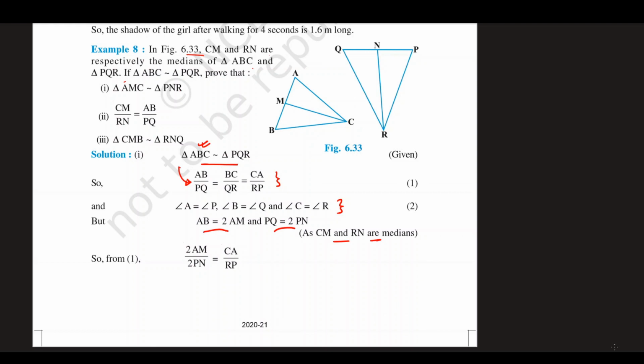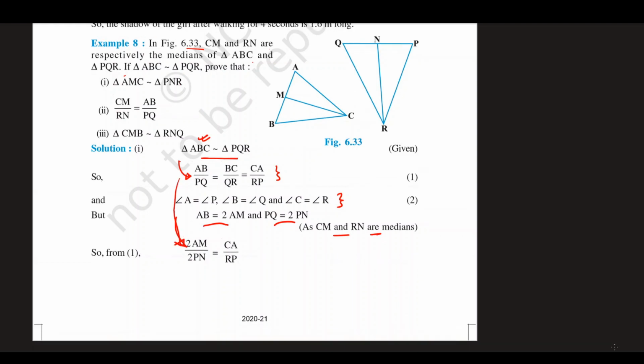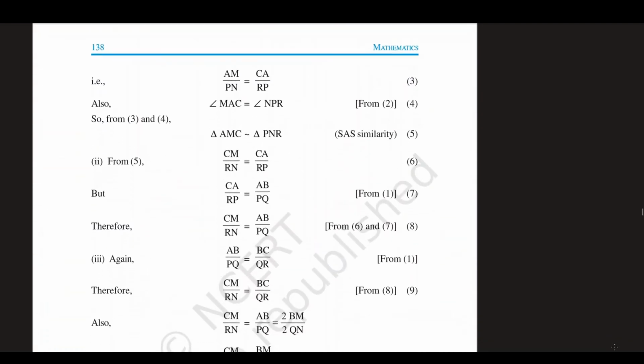Hence we can change this into this. Then we got this ratio equal and this angle equal. Now consider AMC and PNR, and we can proceed bit by bit. Okay, so by SAS criterion, this ratio and this angle, we got these as similar.